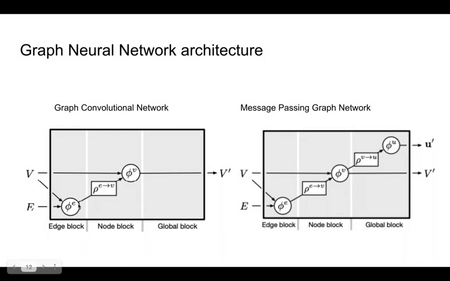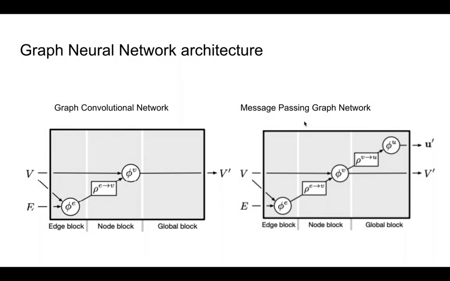The edge block is aggregated, with the updated edge aggregated into the vertex. In order to update the vertex, the graph convolutional network takes the input vertex and edge through the edge block and node block, providing the updated vertex. There's no global block involved in the graph convolutional network.